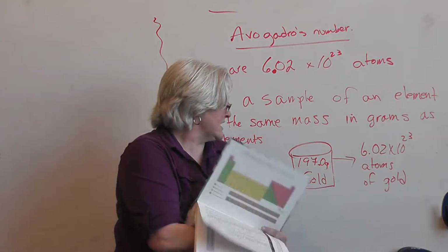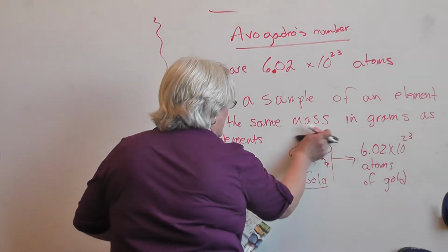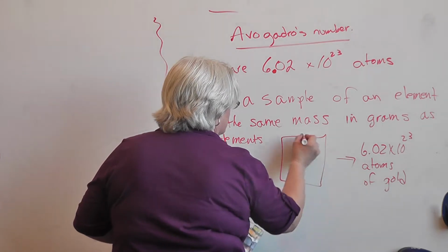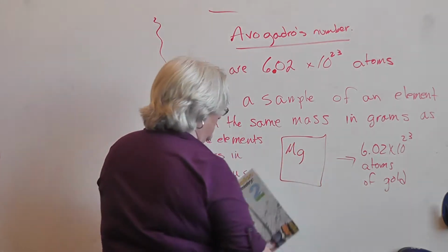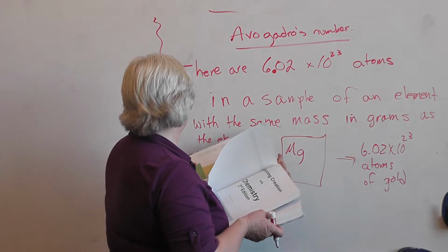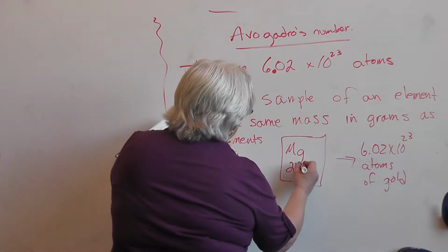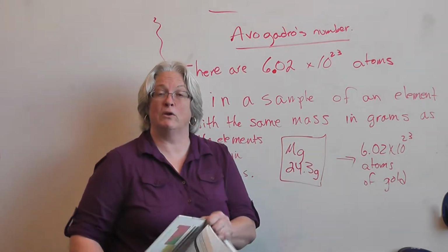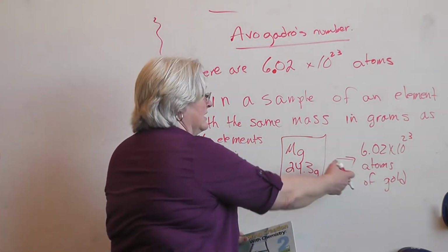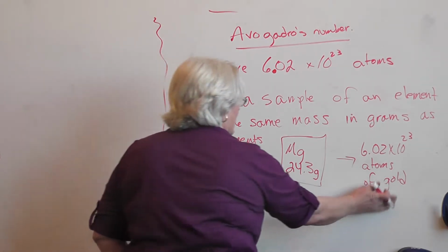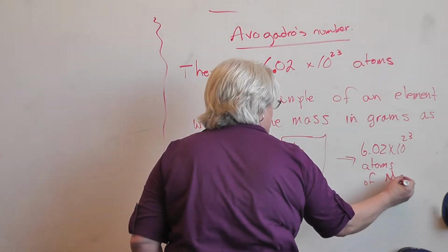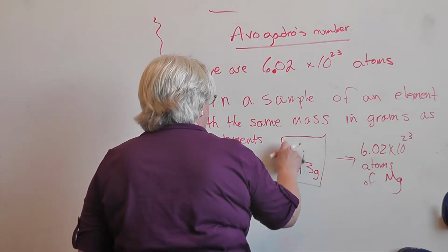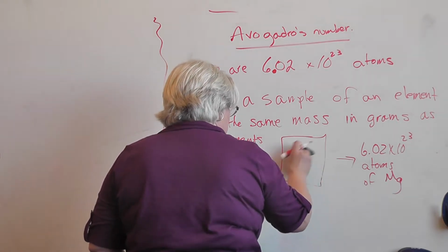So if instead of gold we had a sample of magnesium, which has an atomic mass of 24.3 AMUs, we're just going to say 24.3 grams of magnesium contains Avogadro's number of atoms of magnesium. Well, what if we picked something else? How about carbon, which is what soot is?